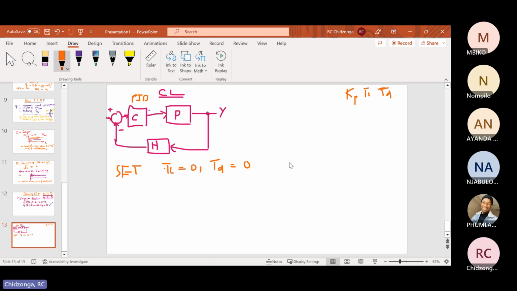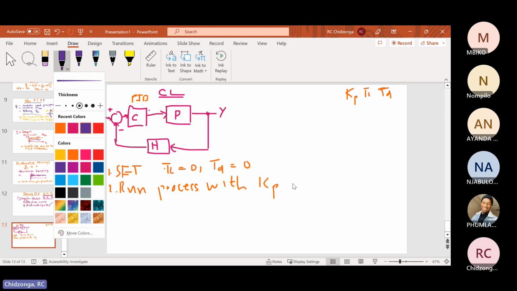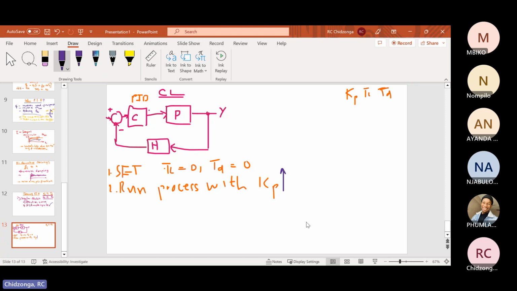Then you run the process with KP being increased gradually. I'm showing my increase like this. So you are increasing the value of KP gradually.